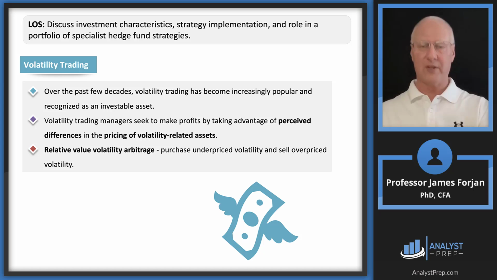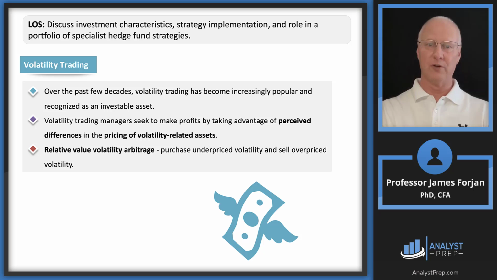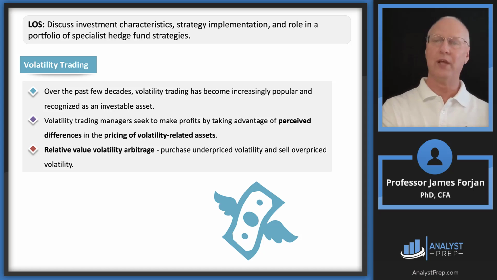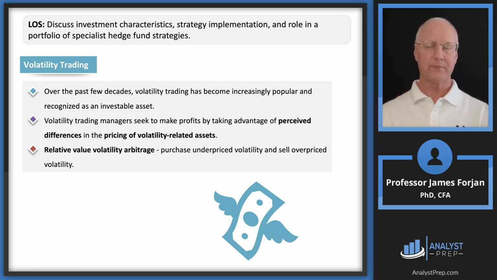Of course, with derivative securities, which we're talking about inside of the hedge funds, this probably means that there's going to be the use of the Black-Scholes-Merton option pricing model to give us an estimate of volatility. And so volatility trading since then has become super popular, and it's its own investable asset.